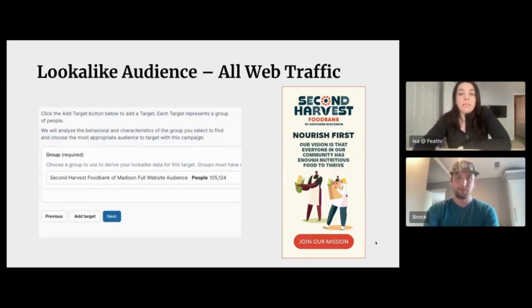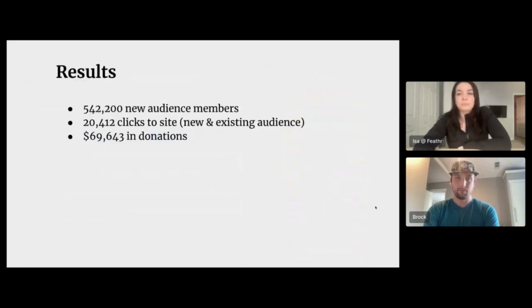And from that, Feathr was able to generate an audience of 14,000 net new people, I think, who had similar online behaviors and interests as those website visitors. And so the food bank was then able to serve ads to those new people online as they were scrolling. And as we discussed earlier, the conversions won't happen if you don't nurture those new audience members and engage them and cultivate them over time.